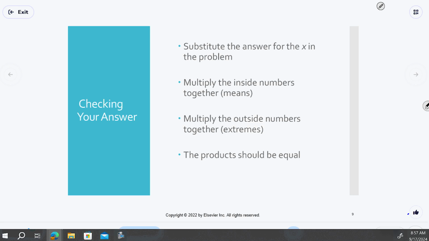Question? When I broke everything down, I got 2x equals 20. And then divided, basically got x equals 10.